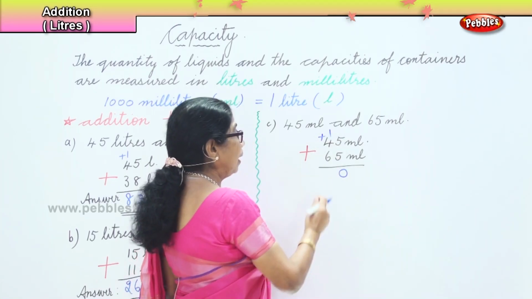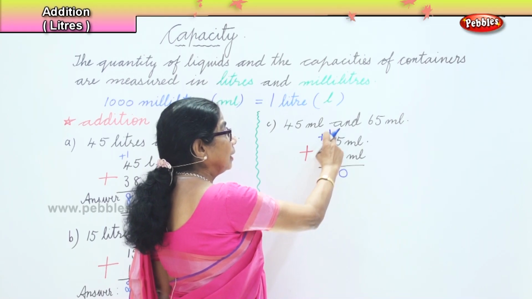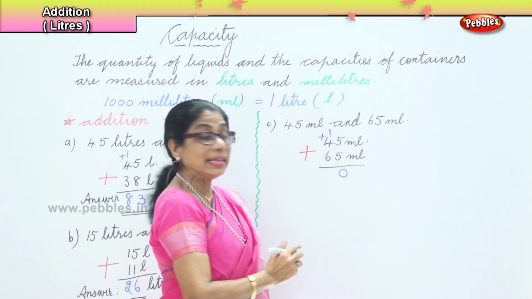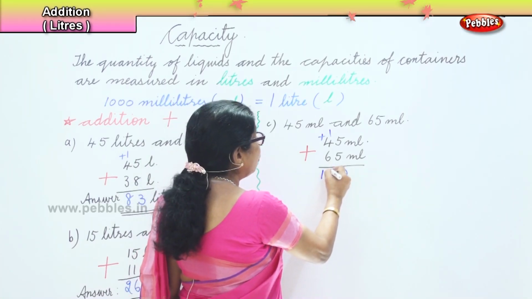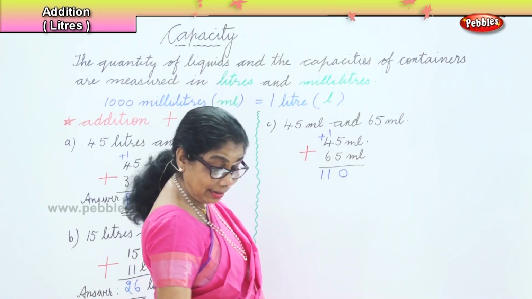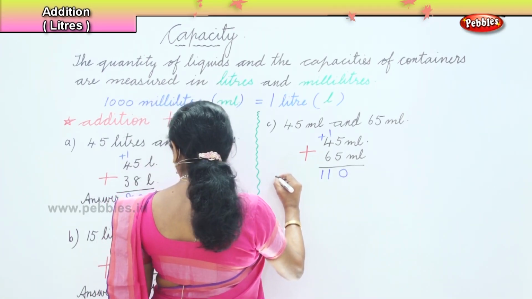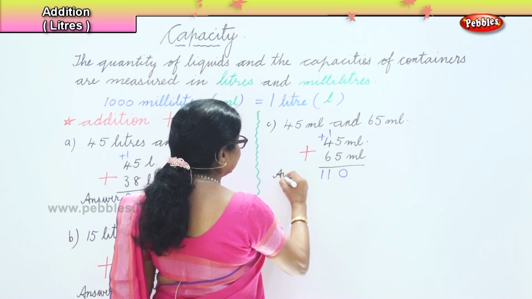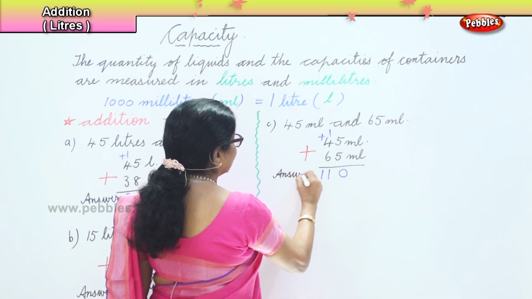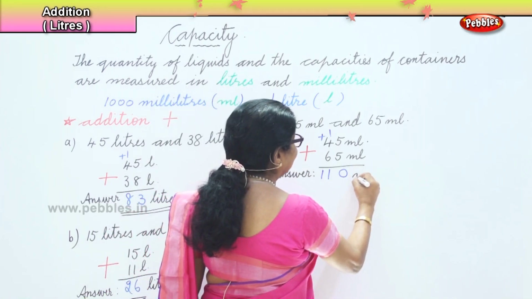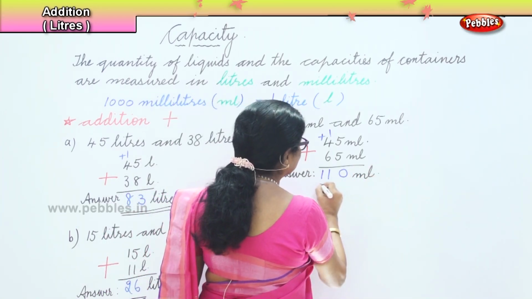Carry over the 1 here. 4 plus 1 is 5. 5 plus 6 is 11. So we have 110 milliliters. Our answer is 110 milliliters.